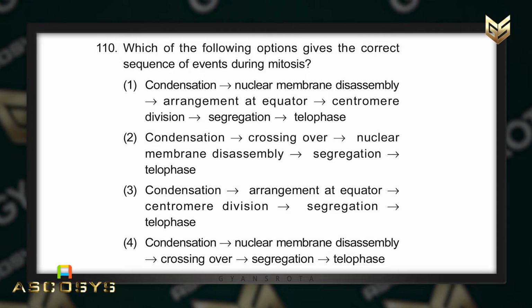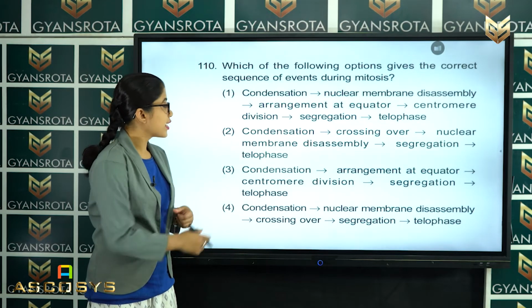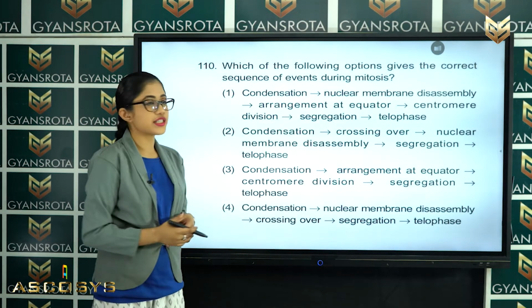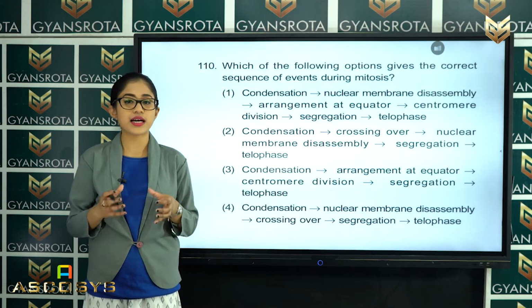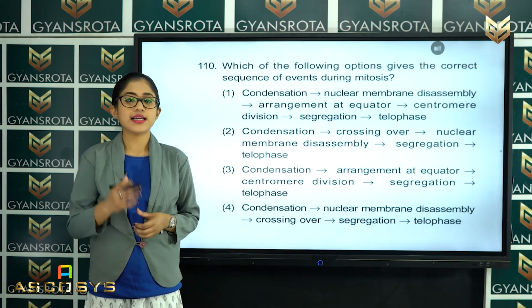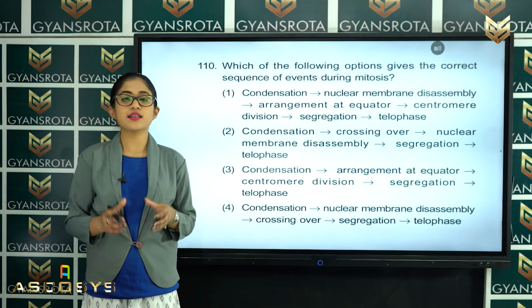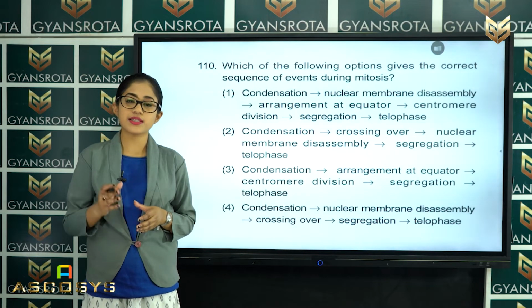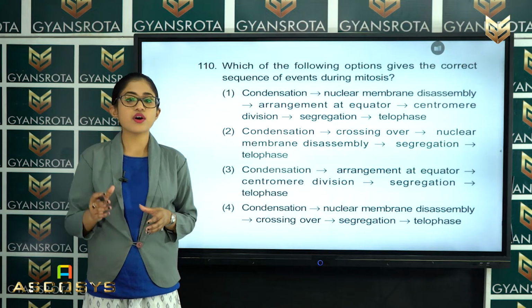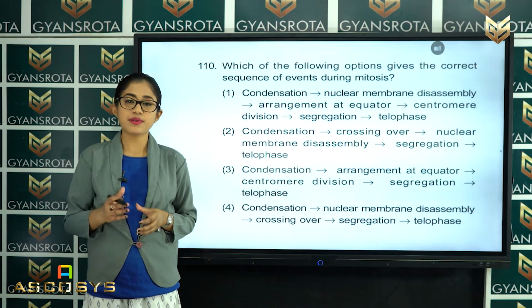So what is the sequence of mitosis? The first process, as the options are given, is condensation, in which the chromosomes are condensed so that they can be distinctly visible. Next the nuclear membrane disassembles, which means the nuclear membrane present at the boundary of the chromosomes in the cell is disassembled.